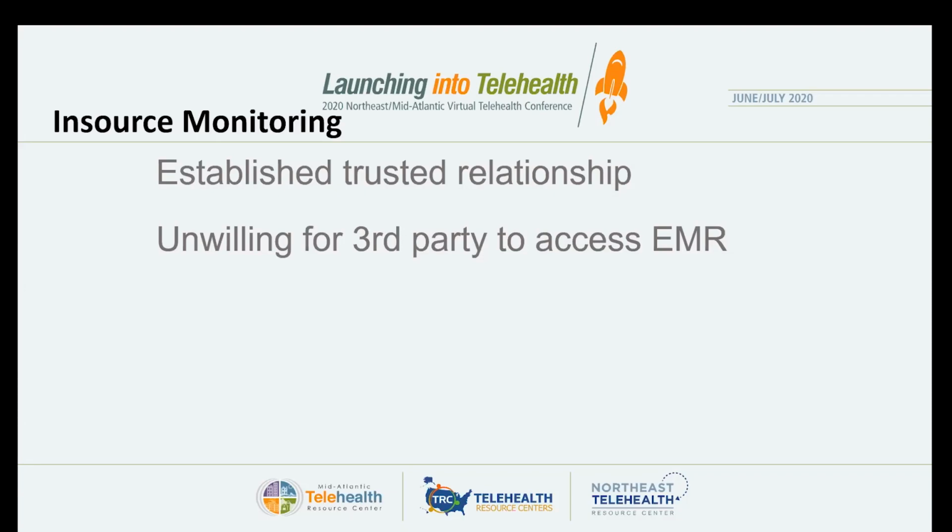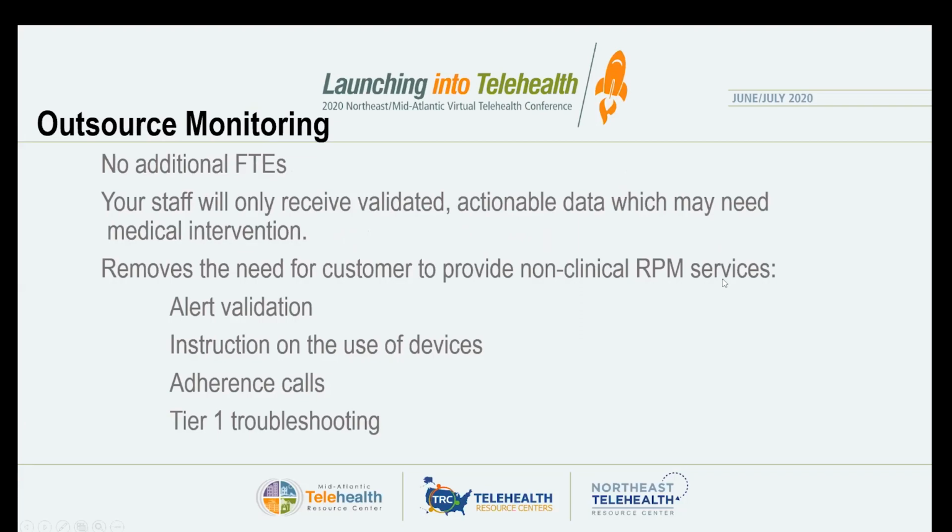The monitoring ratio between a nurse and patients, whether that's in-sourced or outsourced, is 1 RN to 85 to 100 patients. And that person's going to be super busy. Outsourced monitoring was allowable under CPT code 99457 as of January 1st of this year.